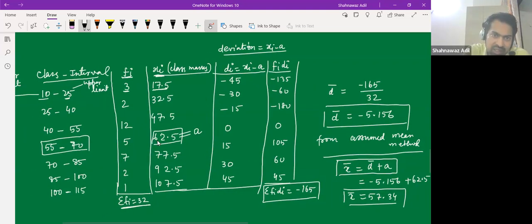Whenever you have a larger number of class marks, so these numbers are large, then you can use this assumed mean method, or the next method which I'm going to talk about, which is the step deviation method.